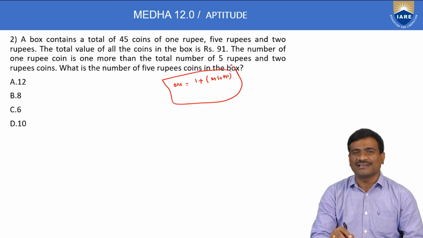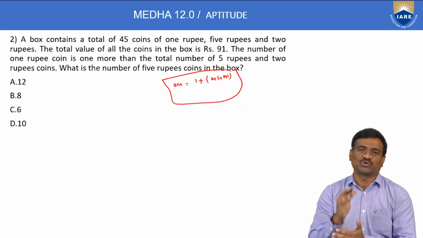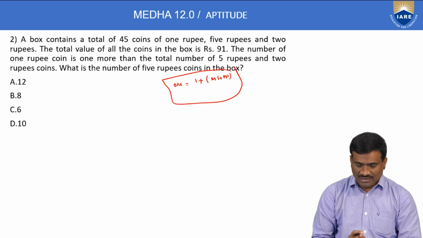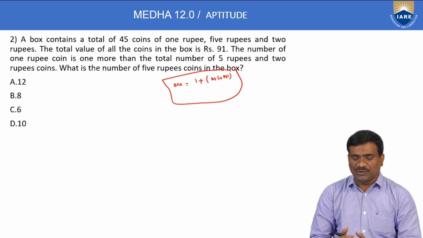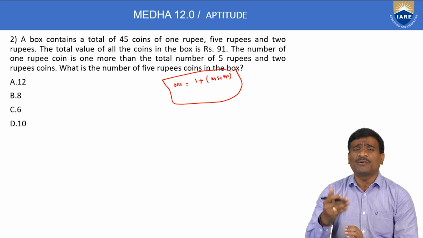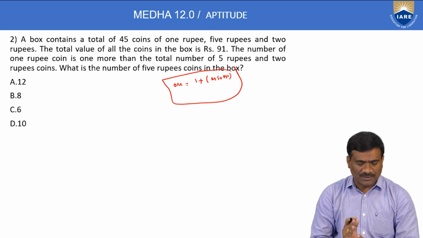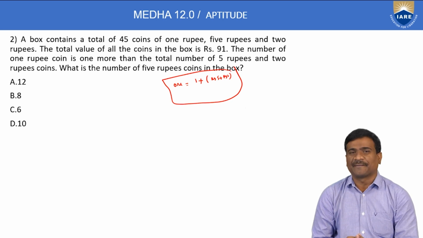So 1 rupee coins is equal to 1 plus the sum of 5 rupee coins and 2 rupee coins. What is the number of 5 rupee coins in the box? Option A 12, B 8, C 6, D 10.